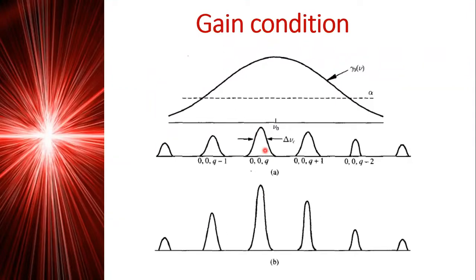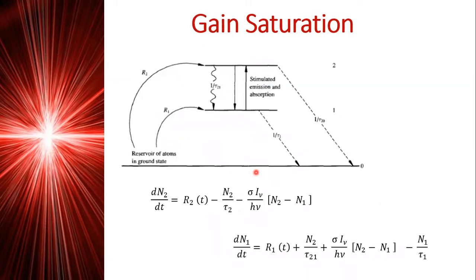I mean, per each round trip, the resonant frequency centered with respect to the gain coefficient will be amplified, and this amplification will tend to infinity, which is unrealistic. So we are going to solve these two equations together to show whether this is realistically an infinite gain or not.